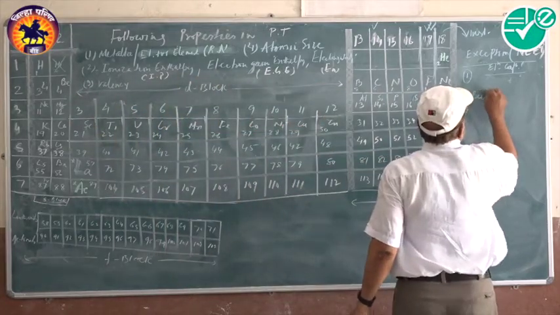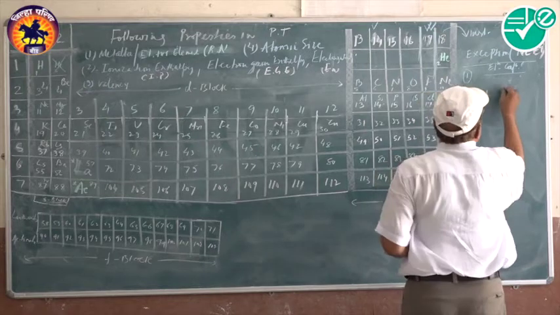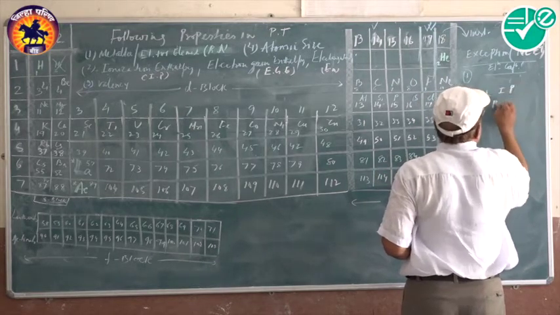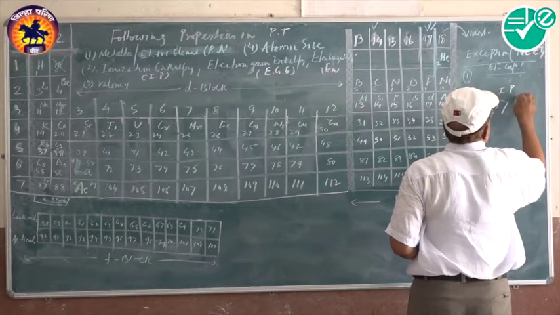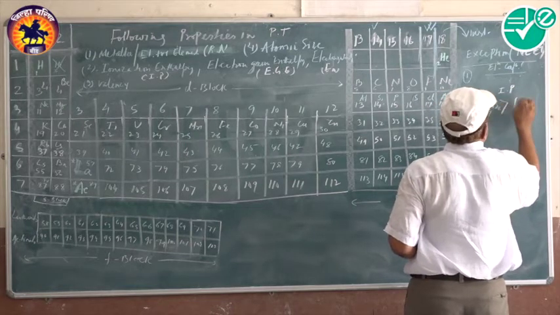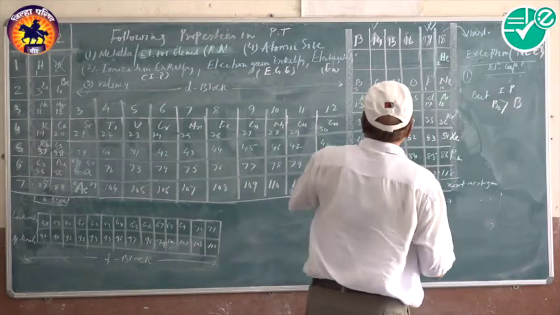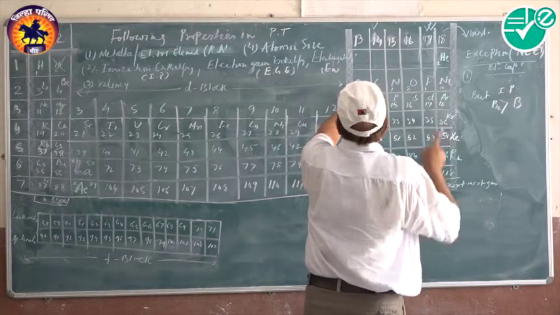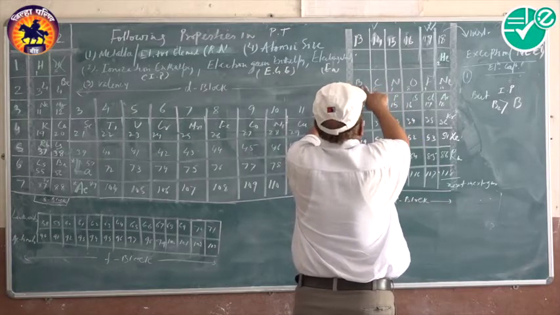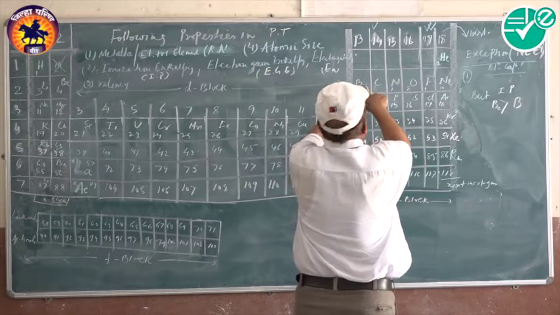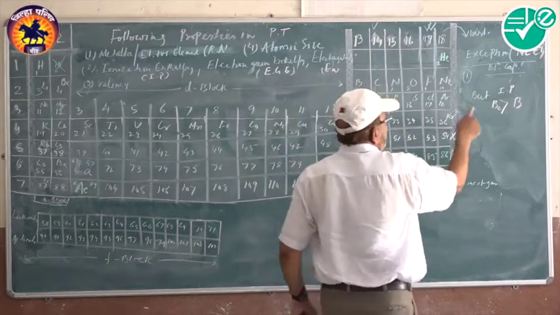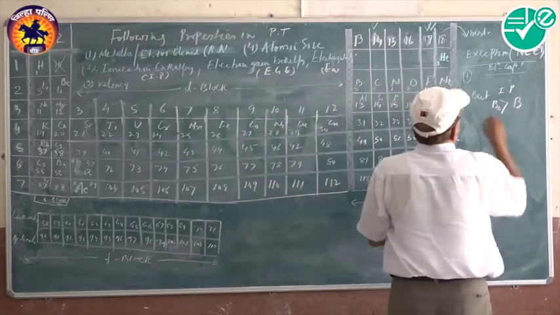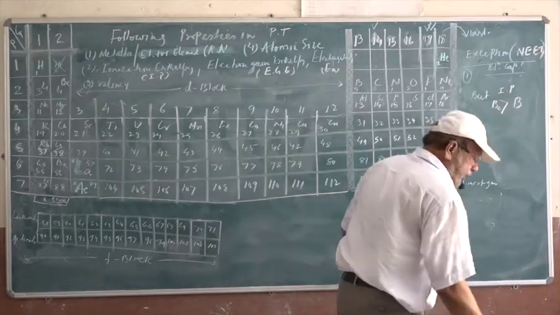But ionization enthalpy of beryllium is greater than boron. According to the general law, boron should have more ionization enthalpy than beryllium because we go from left to right. But in actual practice, beryllium is more than this. But it will be discussed on the basis of electronic configuration.